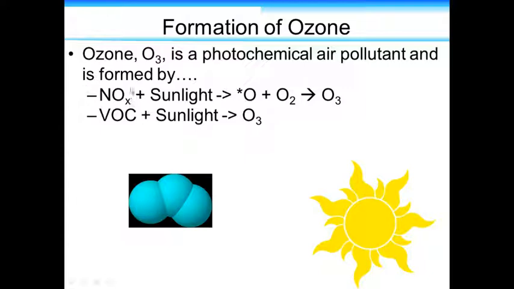So we have NOx, or nitrogen monoxide, dioxide, plus sunlight, which will cause the formation of an oxygen radical. That's what the little asterisk means here, which then reacts with oxygen gas to form ozone, O3. And again, we don't want that forming down here close to the surface in the troposphere. Volatile organic compounds can also, with sunlight, form ozone as well.